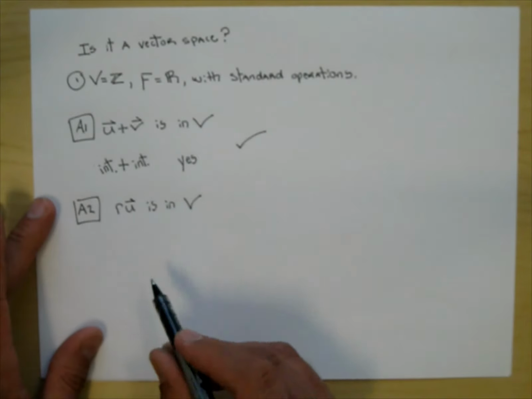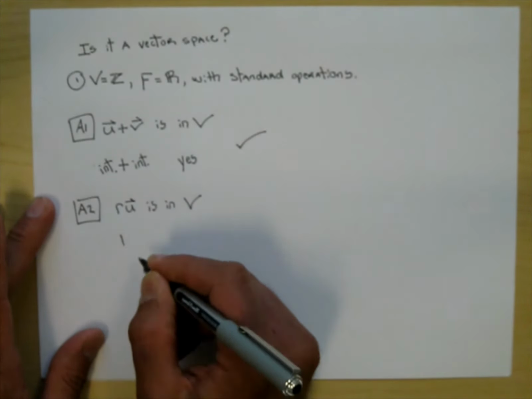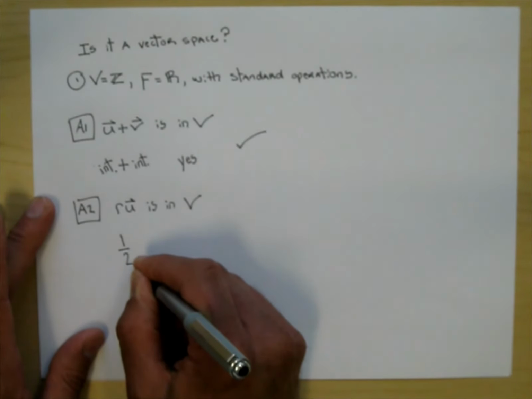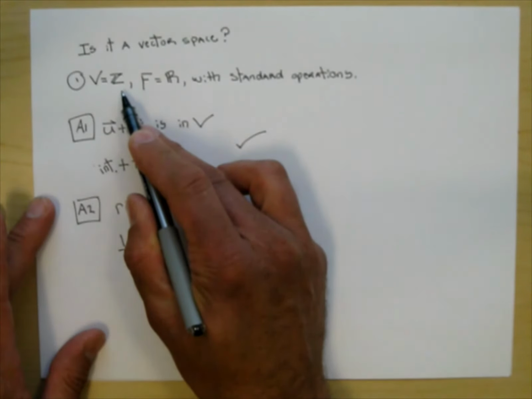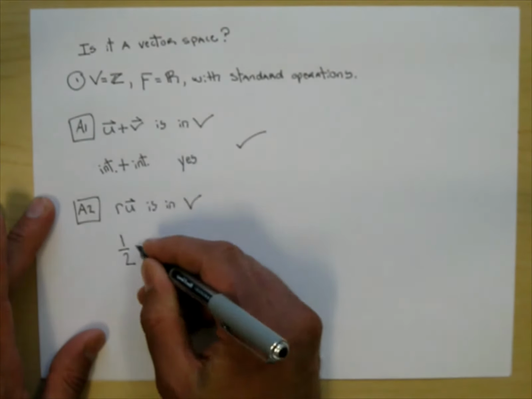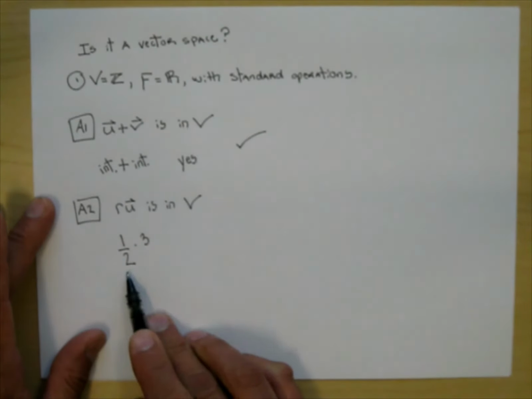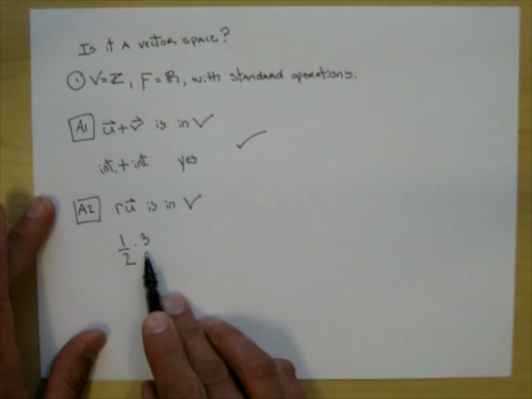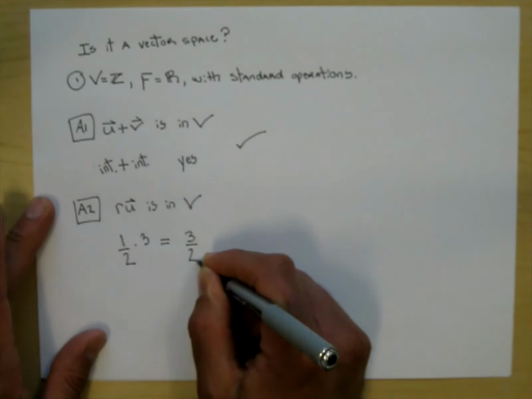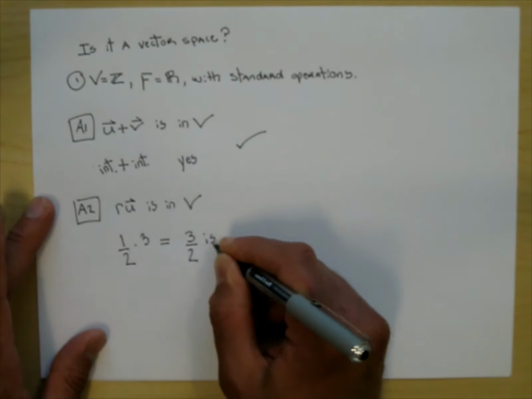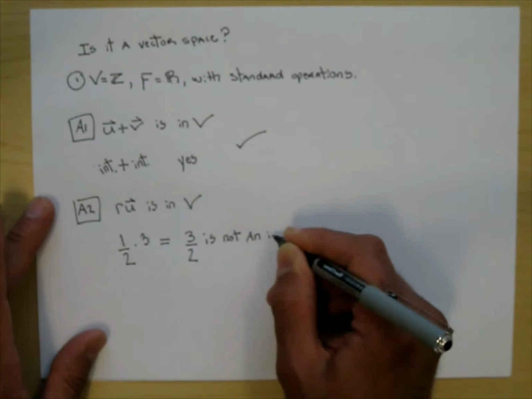I'll just come up with one. Your scalar can be any real number, I'll make it 1/2, and your vector is an integer, and I'll make that be 3. So here's your scalar, here's your vector, that's an integer. This equals what? 3/2, which is not an integer.